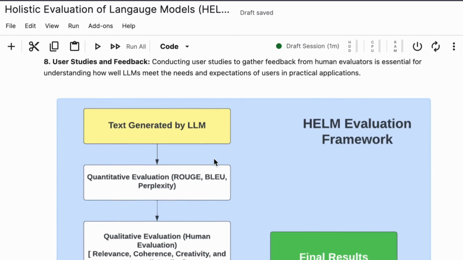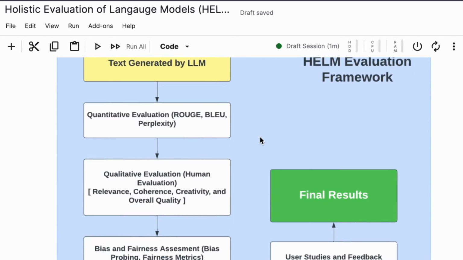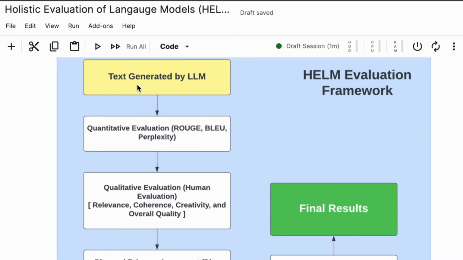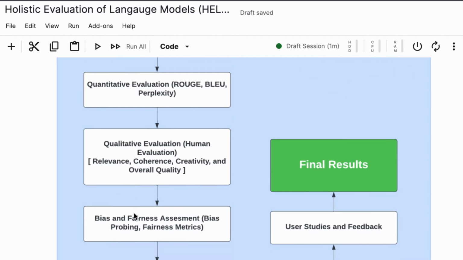Then you see this kind of flow that we can use to evaluate our large language model using the HELM framework. First we give it generated text. It checks quantitative evaluations with metrics like ROUGE, BLEU and perplexity. Then it checks qualitative evaluations done by human annotators.